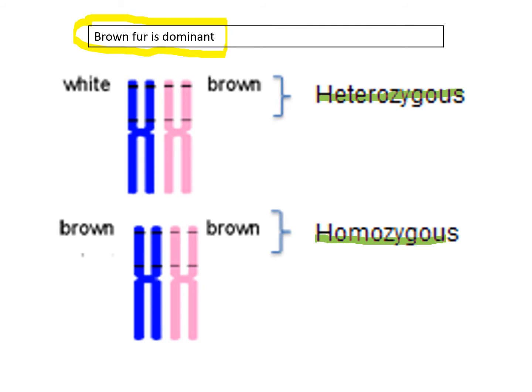But the dominant allele is represented by the capital letter of that letter, and the recessive allele is represented as the lowercase letter of that letter. So let's assume that brown fur color, because it is dominant, is represented by the letter capital B. That then makes white fur color a small b.